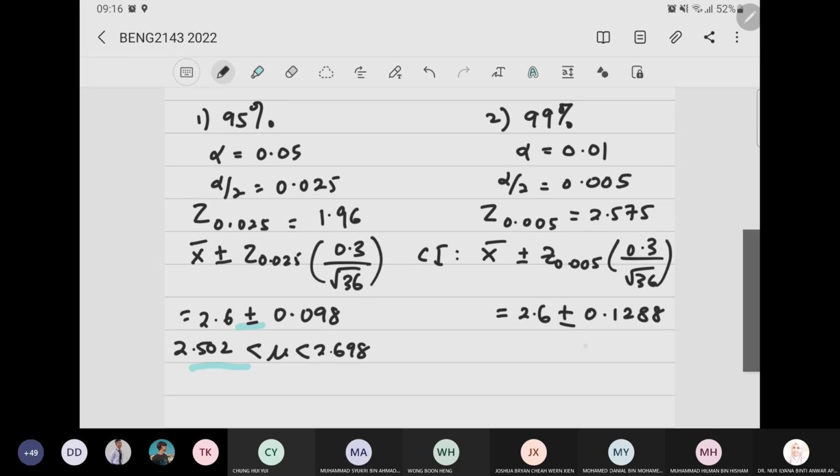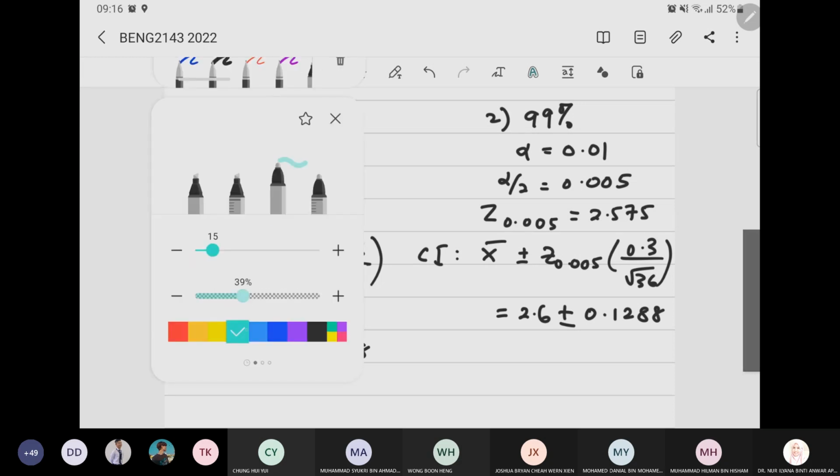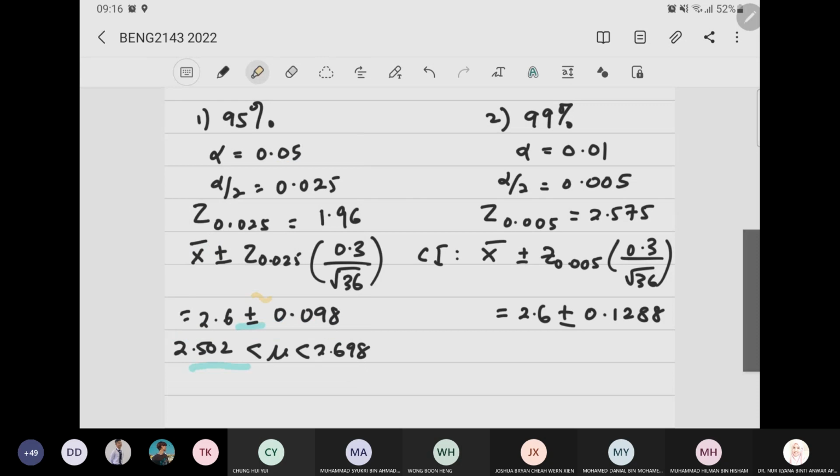Same goes for the plus side. Always the negative, because less value than the mean up to the greater value than the mean, the population mean. So same goes with this one.